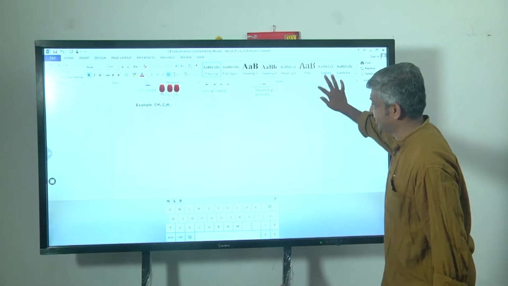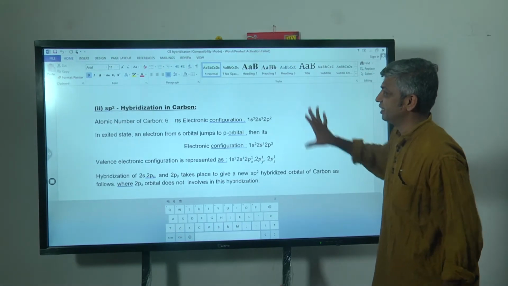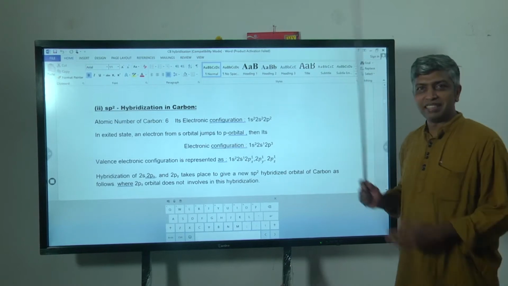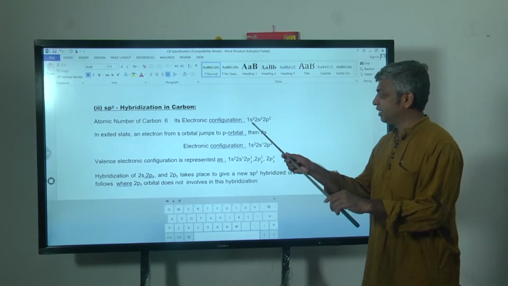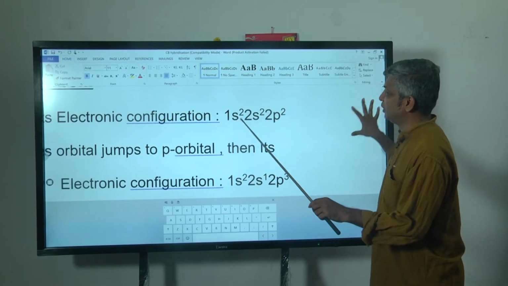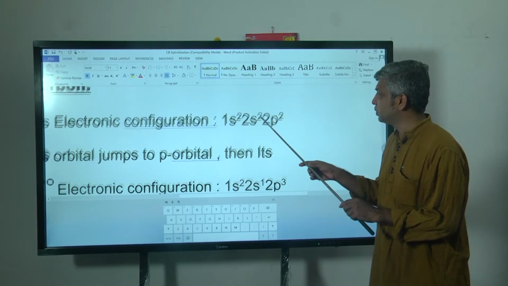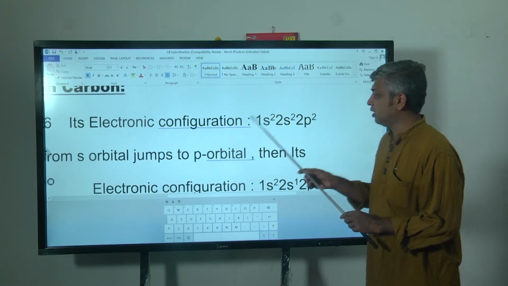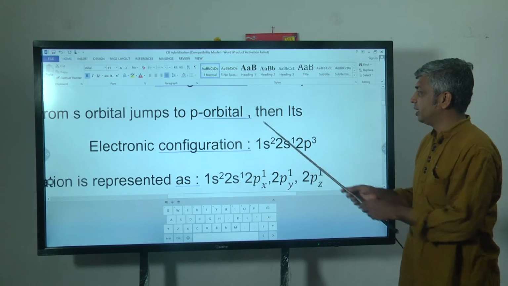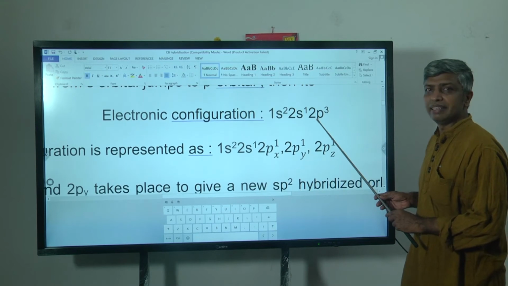Let us go to the next, sp2 hybridization. Same thing we are discussing here, nothing is different. We are taking carbon into consideration. The atomic number of carbon is 6. The ground state electronic configuration is 1s2, 2s2, 2p2. When an electron jumps from the s orbital to the p orbital, you write 1s2, 2s1, 2p3.